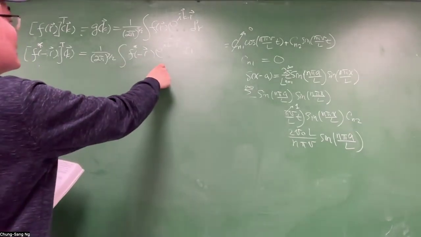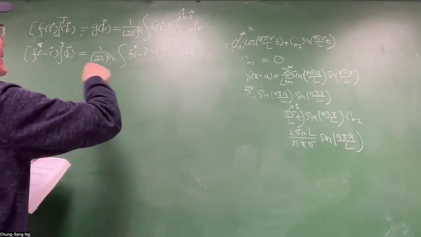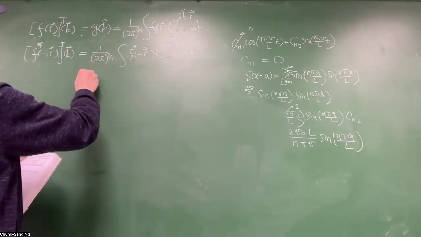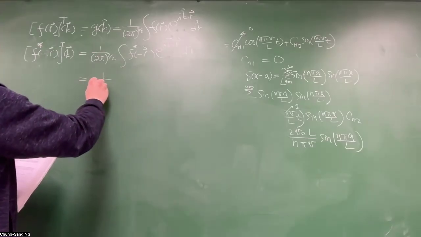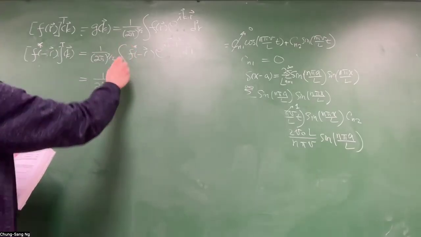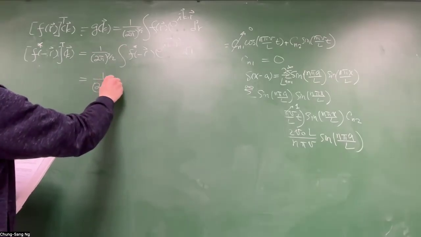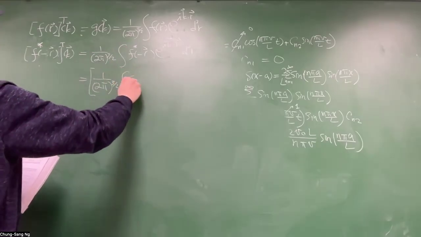So you do it the same way, except that now, because you have a complex conjugate, you want to get rid of that by taking the complex conjugate of the whole thing.